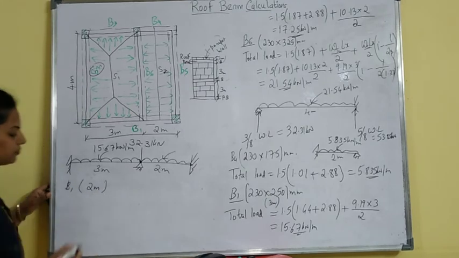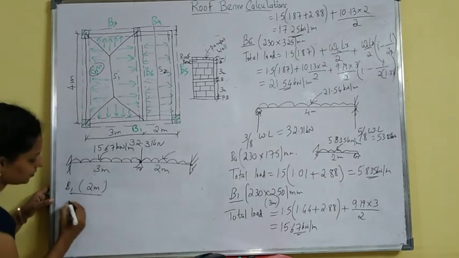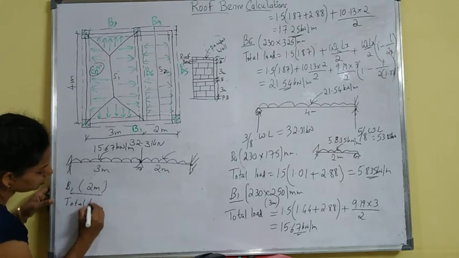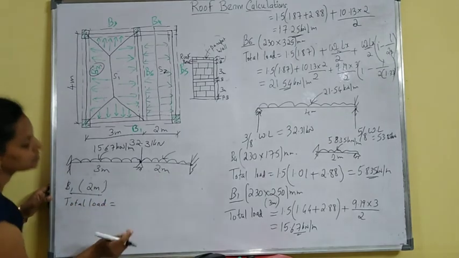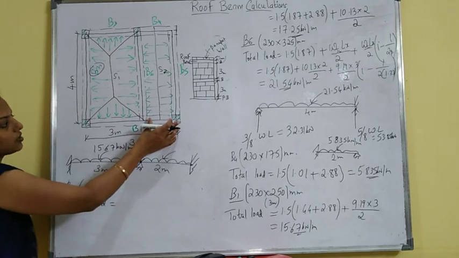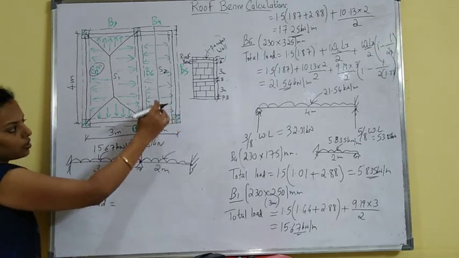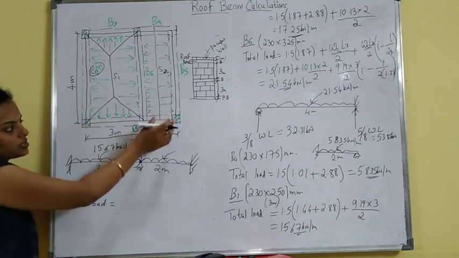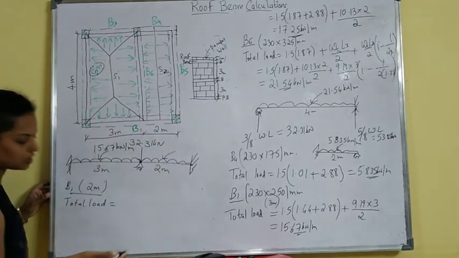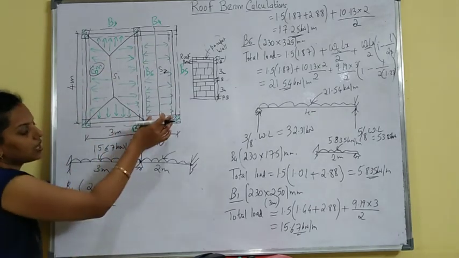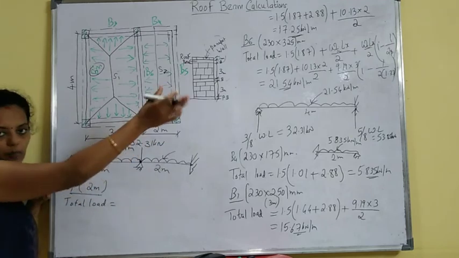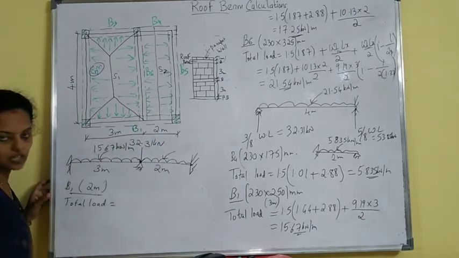Then from this point to this point, the 2 meter span, see here you have to consider only this part. There is no distribution from this slab because it will be a rectangle one-way distribution. So for that beam it will be 0 slab distribution. Thus you have to consider only parapet wall load and self-weight of the beam.